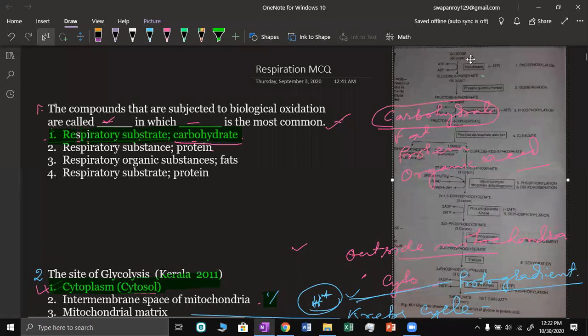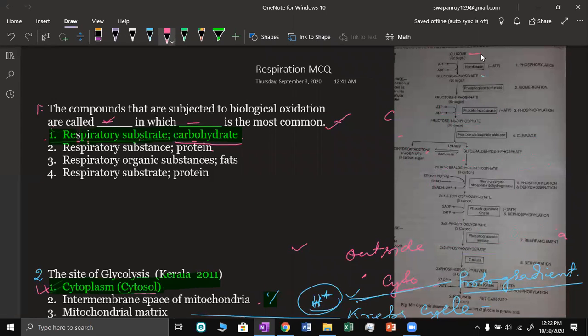Glucose is first converted into glucose 6 phosphate by the consumption of ATP.